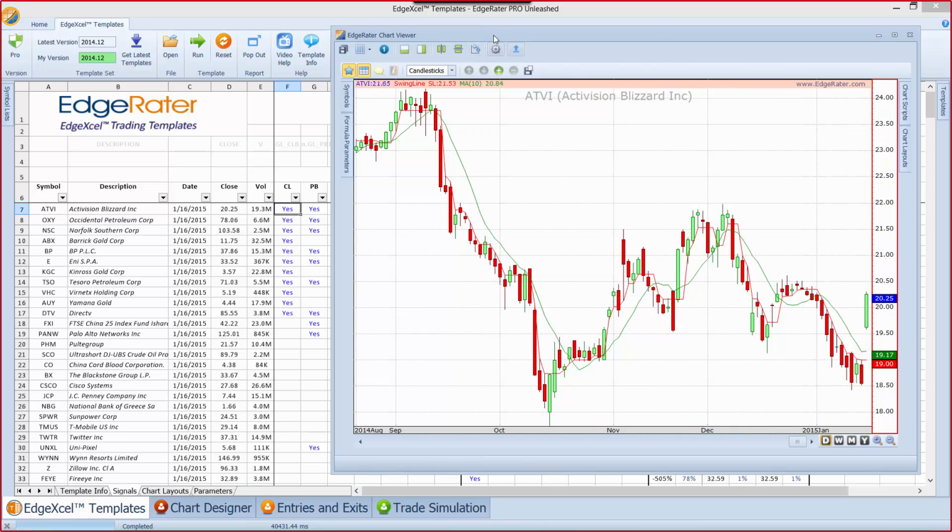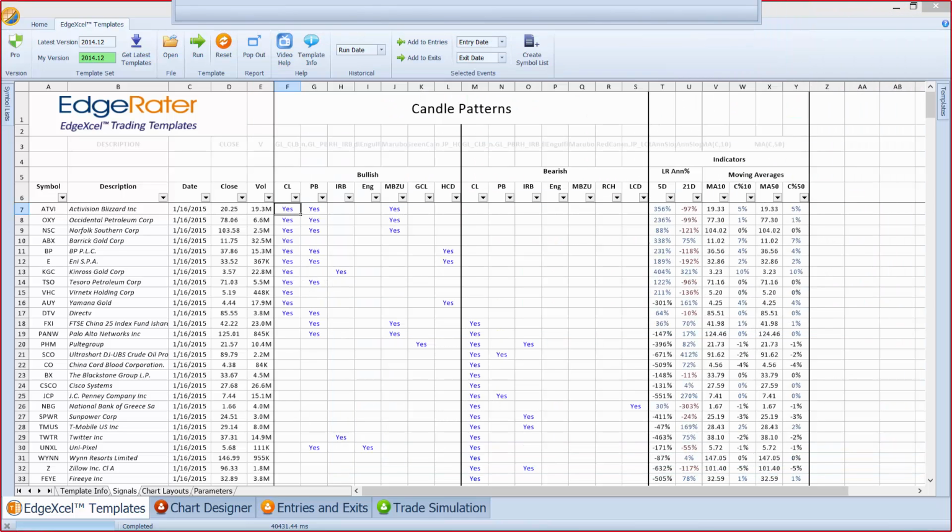The chart itself, I mean the template itself, has on the right hand set of columns a bunch of indicators. So we've got the linear regression, the short term linear regression, which is your 5-day, and then a medium term 21-day regression. So from here you can tell the direction of the stock over the short and medium term. We also have columns for the 10 period moving average, and the column next to MA10 is C%10, which is the close in relation to the 10 period moving average.